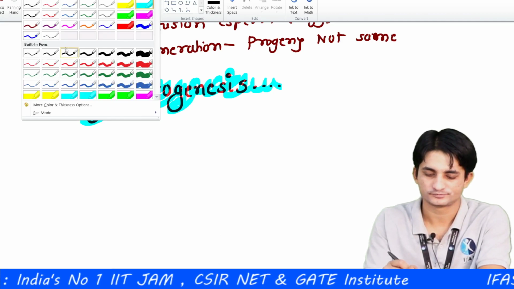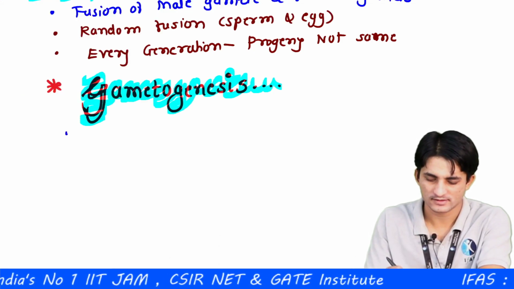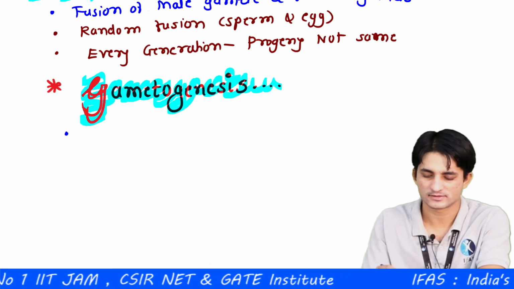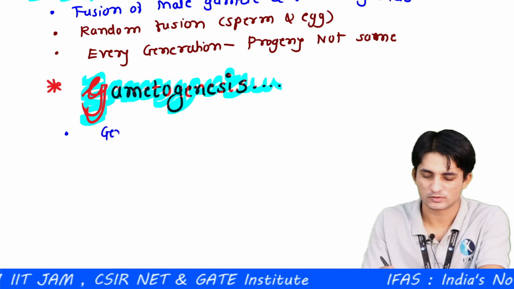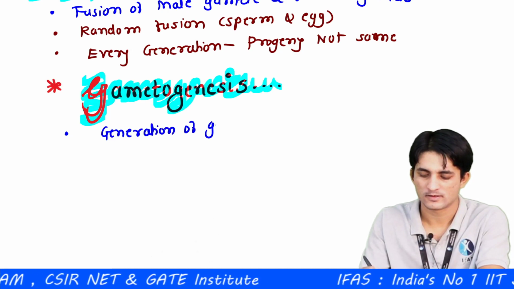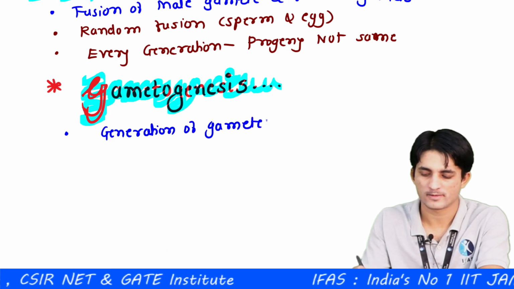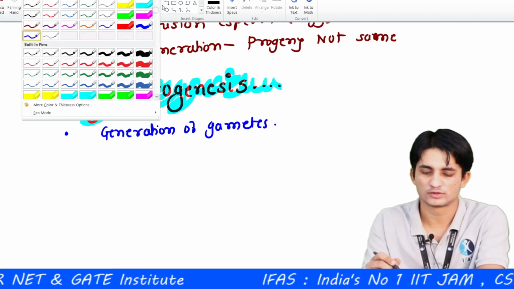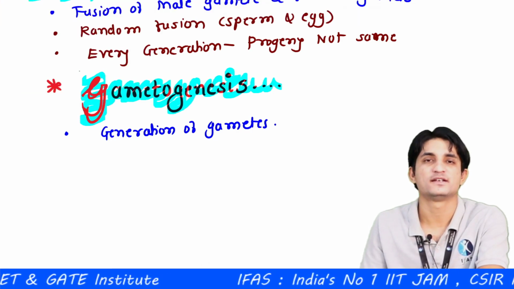Now gametogenesis is the generation of gametes, and these gametes are generated from the cells called germ cells.